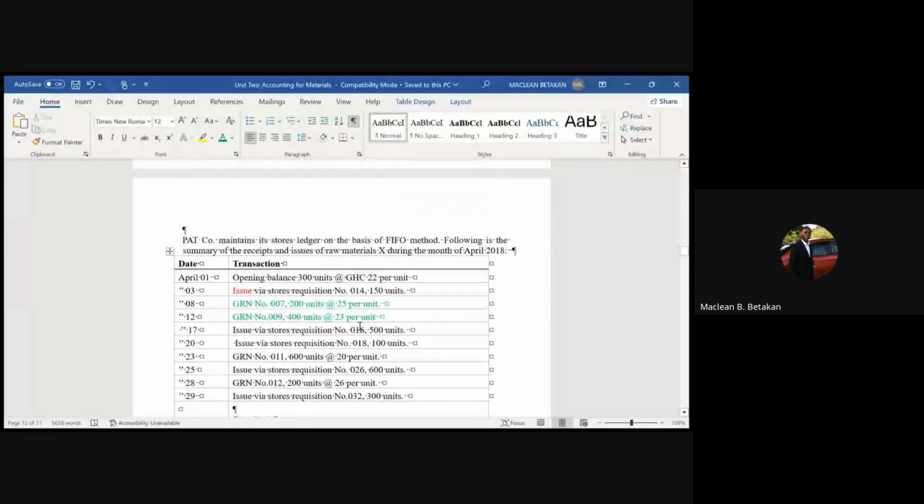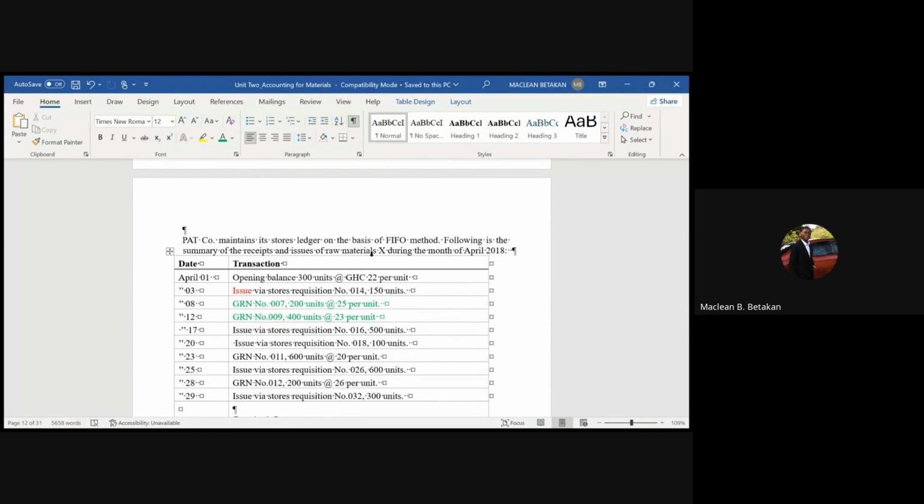So we are using first in, first out. We'll come and use last in, first out. Then we'll do simple average. So simple average, you just add the prices together and divide by the number of prices you're adding.